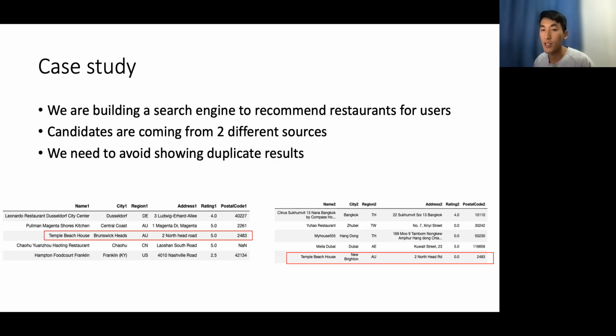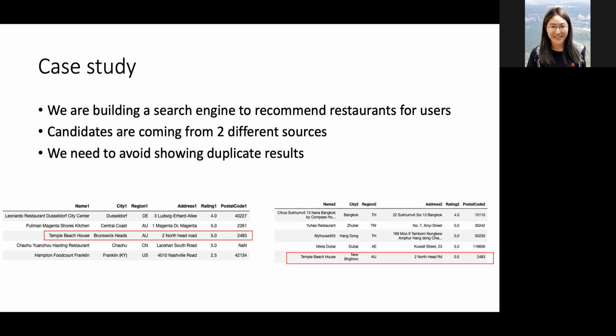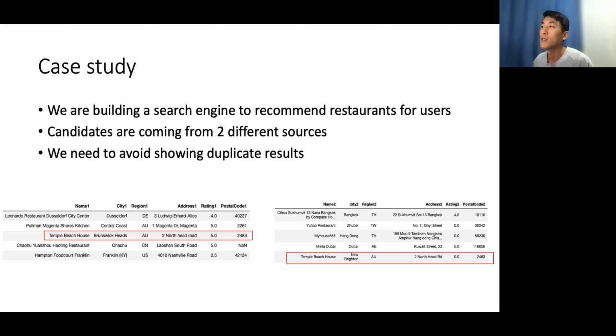Any idea or any questions so far about how to solve this type of problem? I have a quick question. Can we search that restaurant online to double check where it is currently located? So you mean as a product, right?